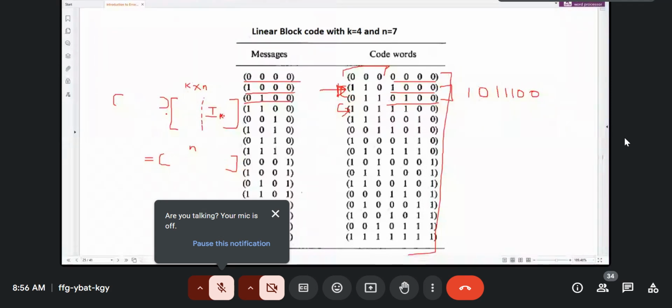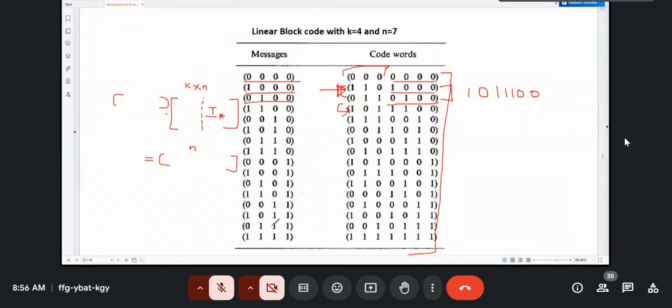So it is very important that for that to work, the distance must be such that you cannot create a code from the other one. So to detect that one error, you need a minimum distance.